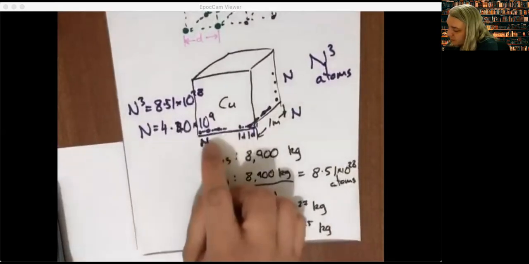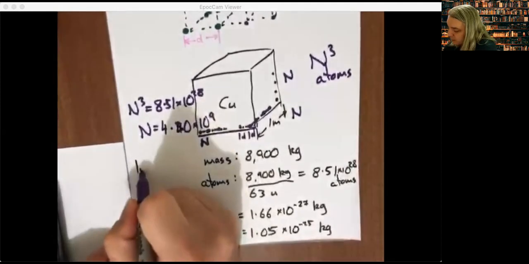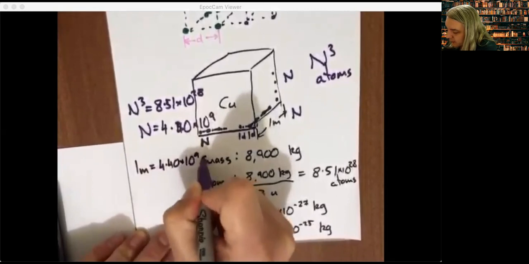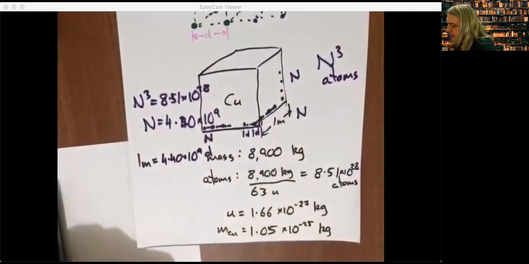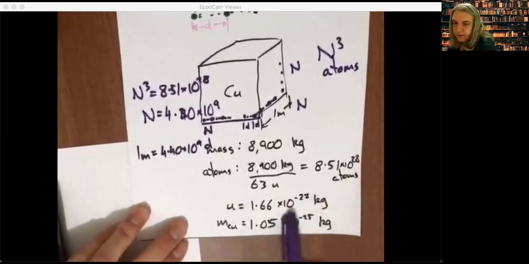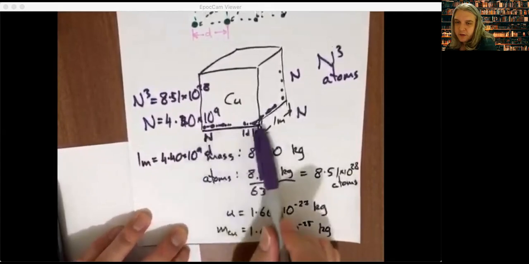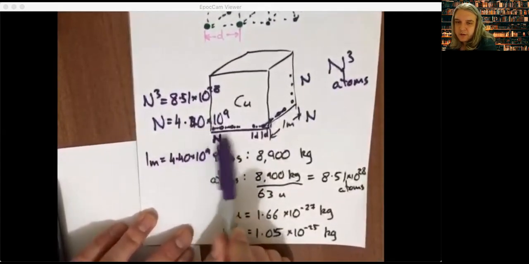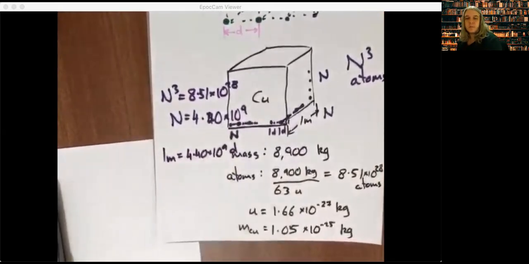So what we've got is 1 meter is equal to 4.40 times 10 to the 9 times d. So it's just geometric reasoning once we got to this point. Once we figured out the number of atoms, it's just geometric reasoning to say, well, we've got n cubed atoms, therefore we've got this many along each side, and therefore the distance is this much.